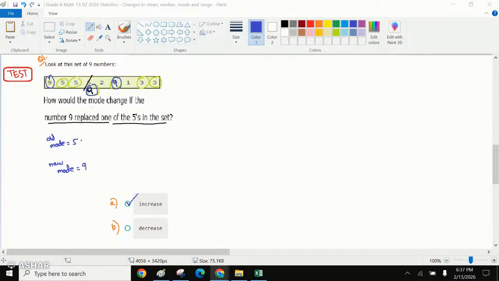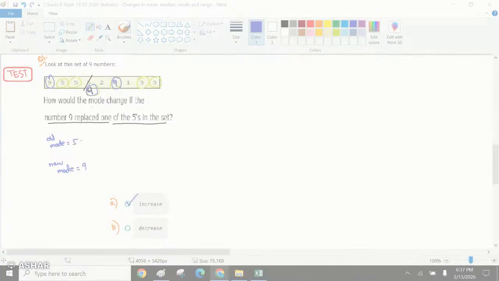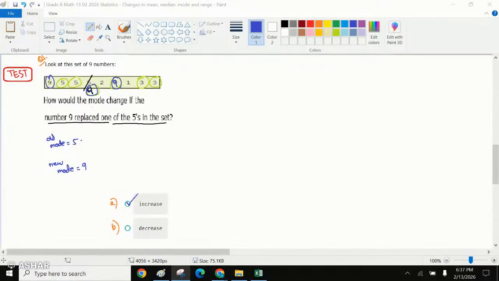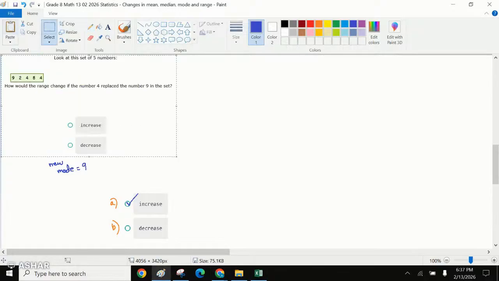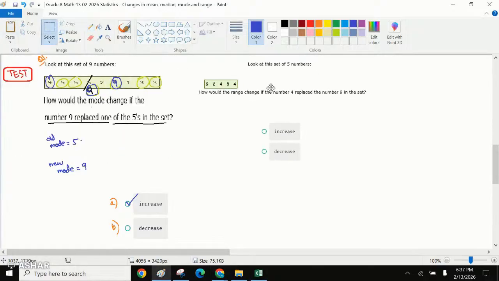The next one, you are supposed to help me out with this. For the next question, when we look at the set of 5 numbers, they want to ask us what change it would have on the range. Would the range increase or decrease?